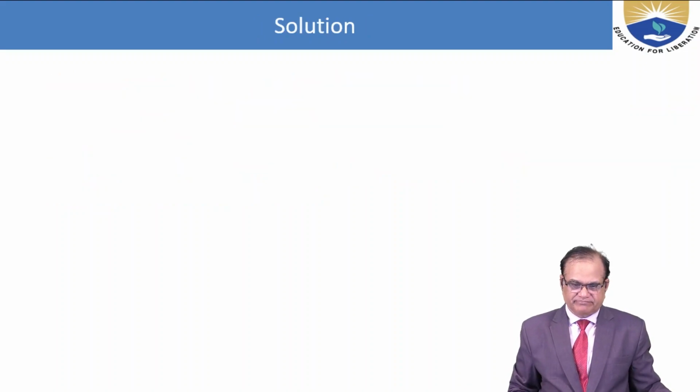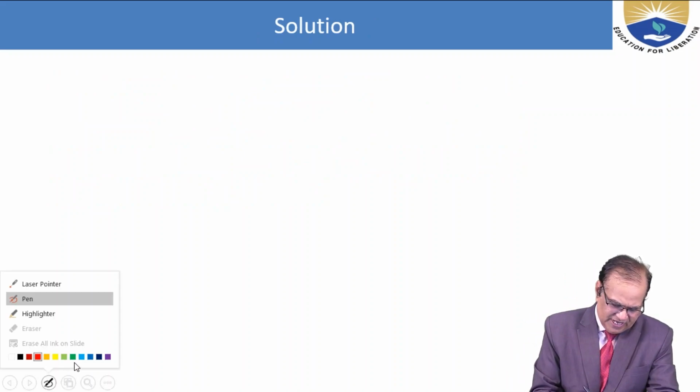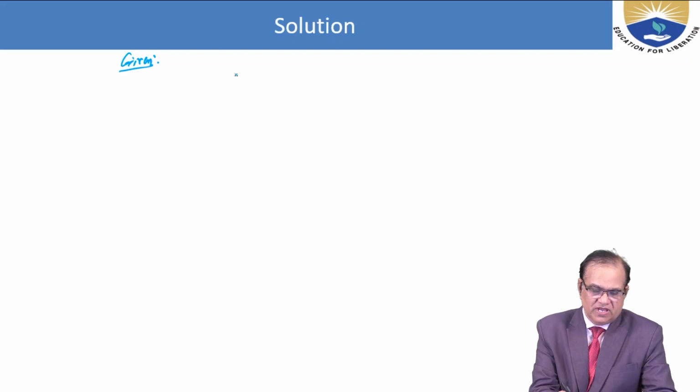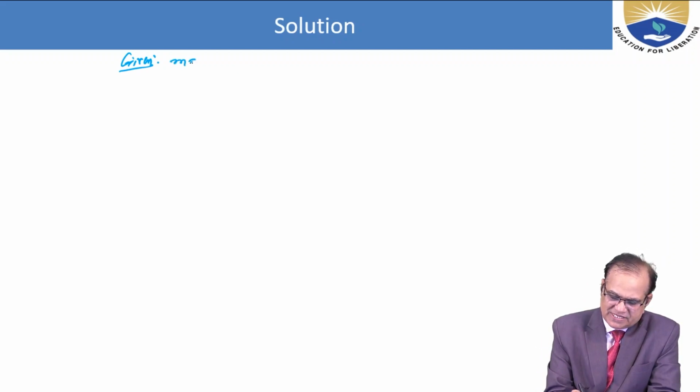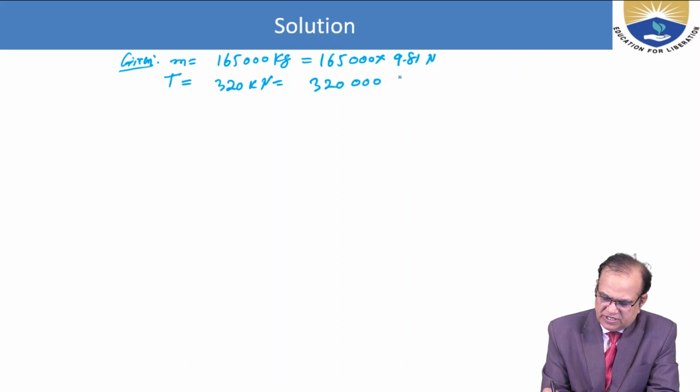So in this, few data are given here. So I will write what are the given. Mass is 165,000 kg, that is 165,000 into 9.81 Newton. Thrust is 320 kilonewton, that is 320 into 10 cube Newton.